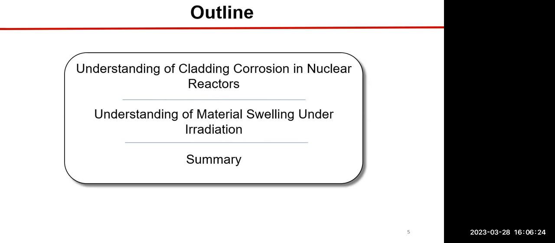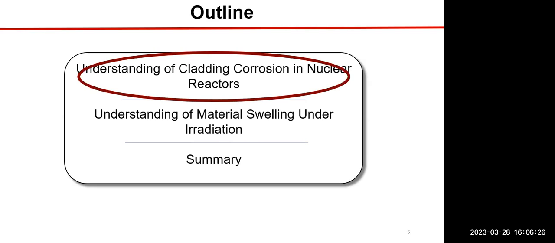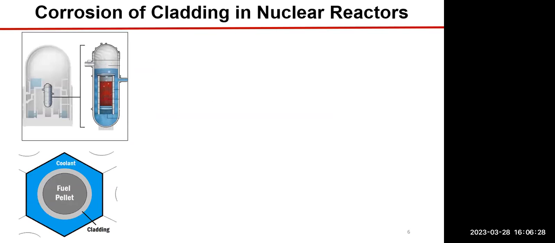Let's talk about the first one, the cladding corrosion. As we know, the cladding material in the nuclear reactor is the barrier that protects the nuclear fuel from corrosion by the coolant, and also prevents the release of the fission products to the outside environment. Nowadays, most nuclear reactors use zirconium alloy.